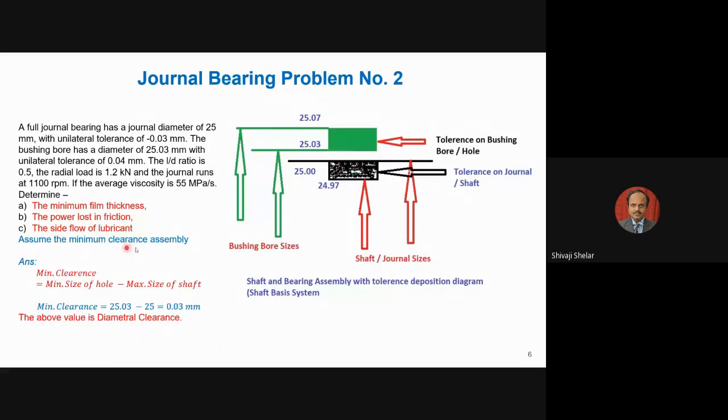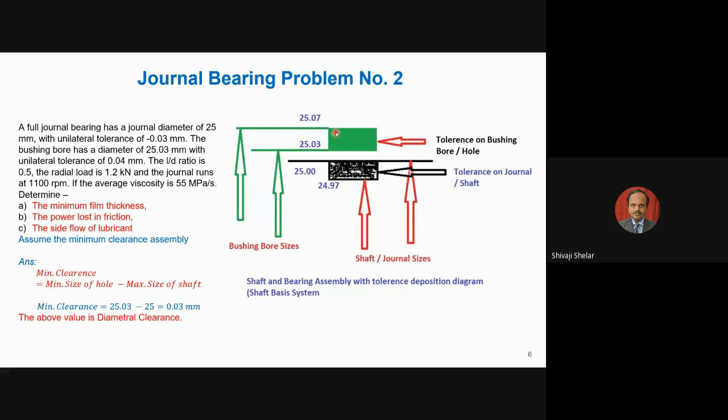So they have to do the calculation with the minimum clearance actually. There are two types of clearance here, minimum clearance and maximum clearance. The formula for minimum clearance uses the minimum size of the hole. The hole size may range from 25.03 to 25.07. Anything can be there.